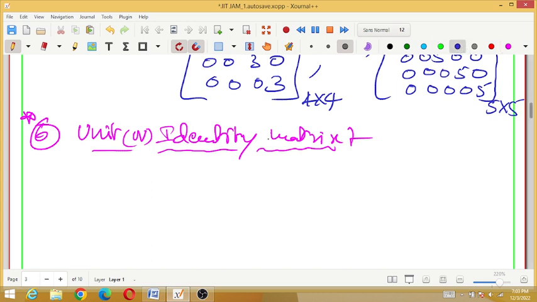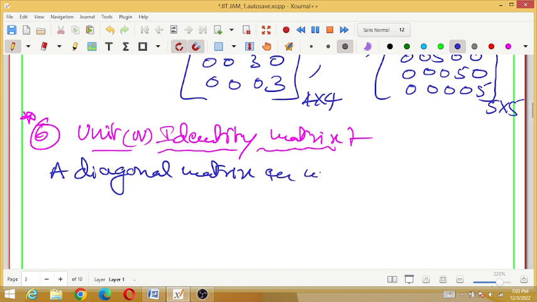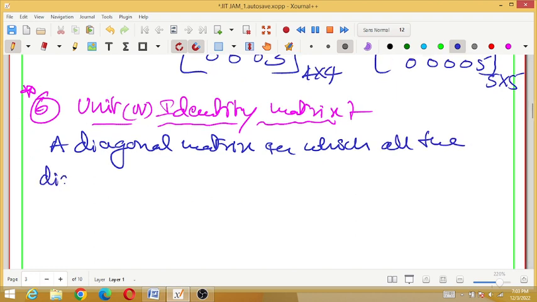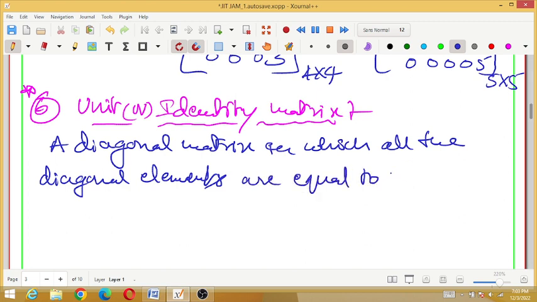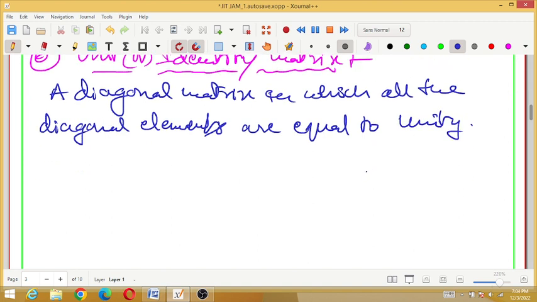See here, a unit or identity matrix is a diagonal matrix in which all the diagonal elements are equal to unity. Unity means 1. All the diagonal elements are equal to 1.